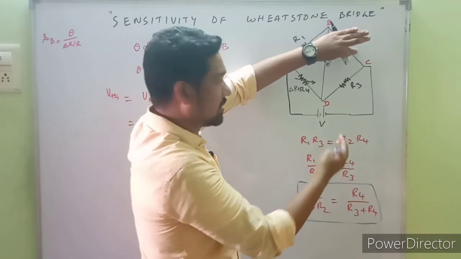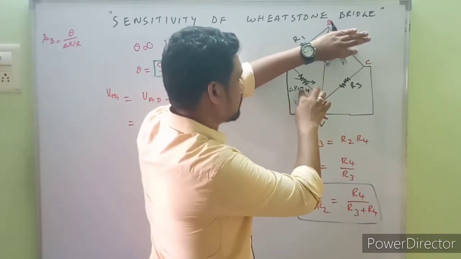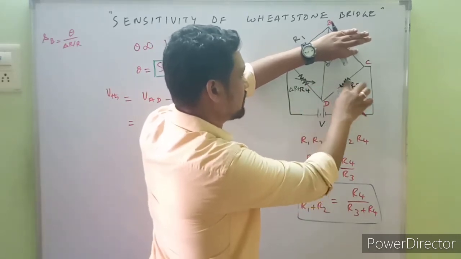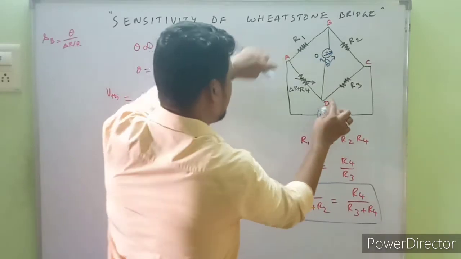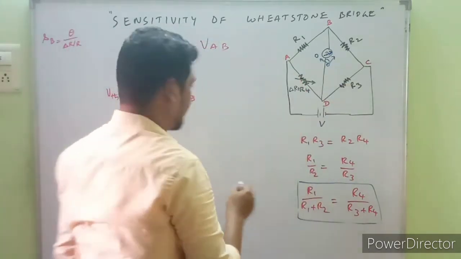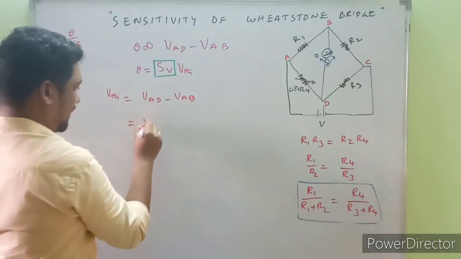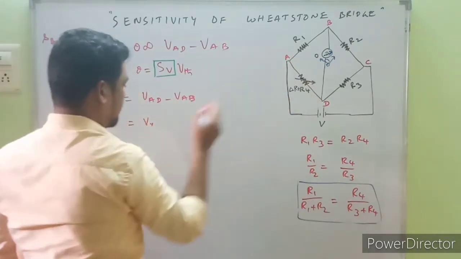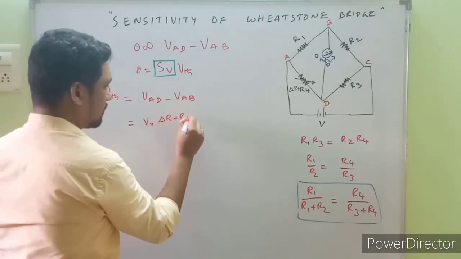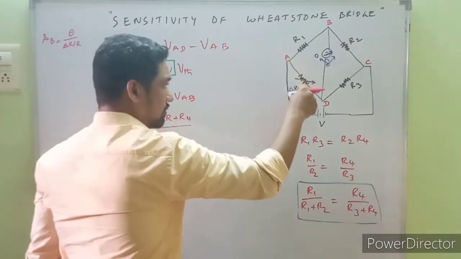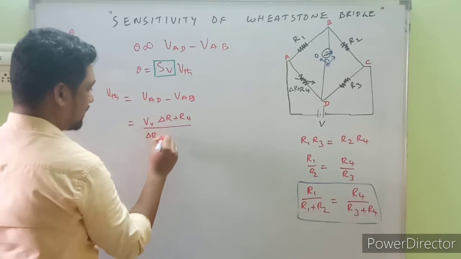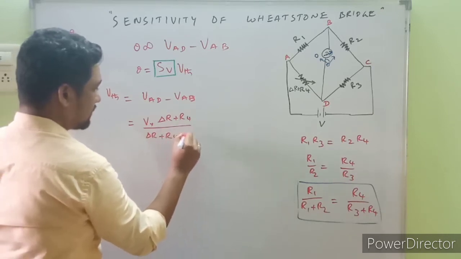Del R plus R4 is in series with R3. According to the potential divider rule, VAD is the supply into this drop, del R plus R4, by the total loop resistance, del R plus R4 plus R3.